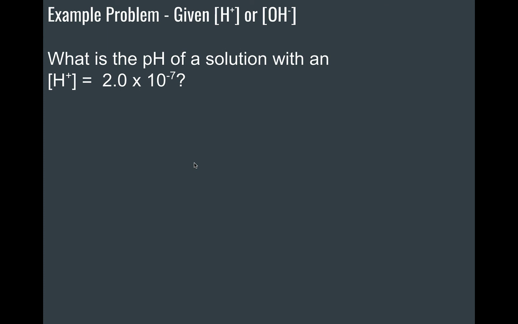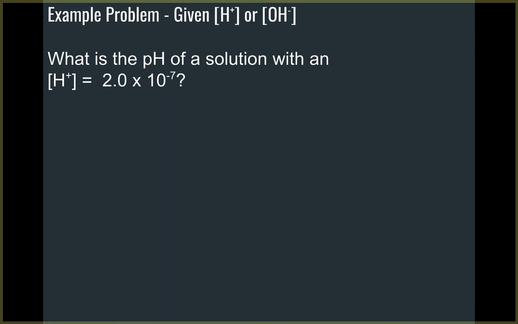The last type would be if you're given H plus or OH minus. So these are probably the easiest, unless it's asking for multiple things. So for this one, if I have the H plus, then I know that pH equals negative log of the H plus, again, from my formula sheet.